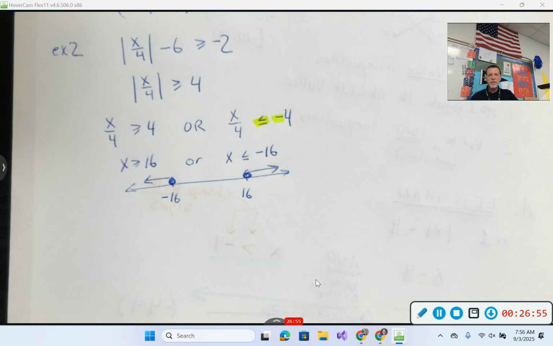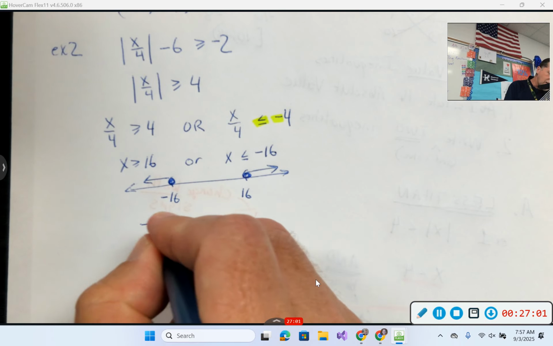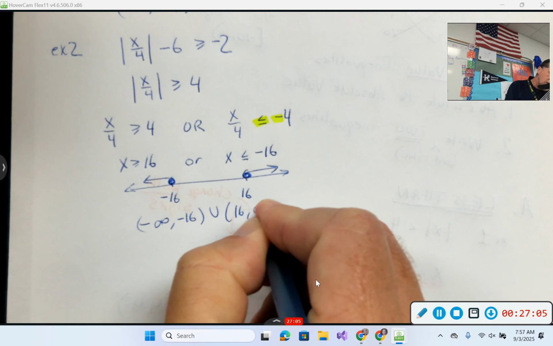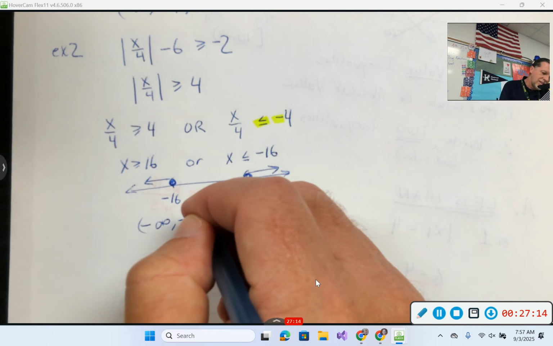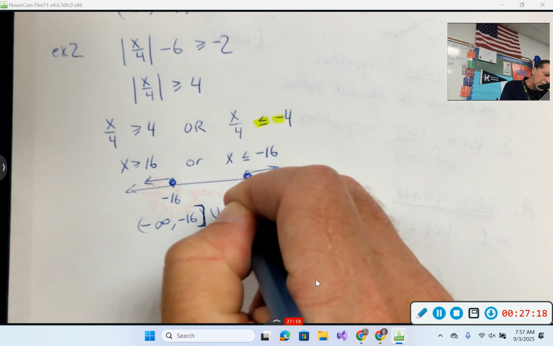And I'm not worried about the overlap. I'm looking for either. So I'm going to have to get all of that stuff, negative infinity to negative 16, and 16 to infinity. Whoa, what's wrong with my answer? Getting going too fast. Need brackets. Great way to make a 98 on a test, something silly like that.